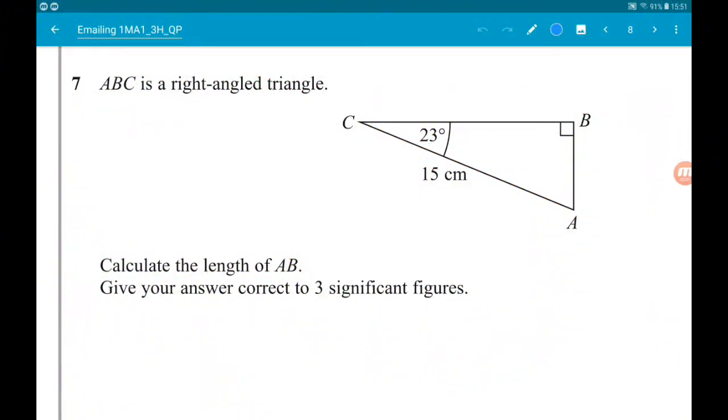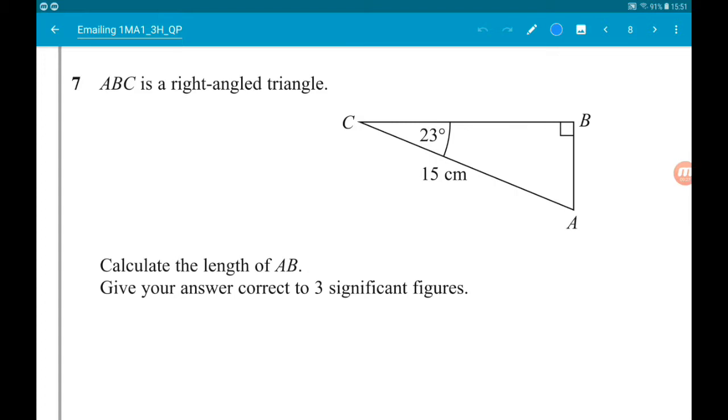Okay, number 7, nice straightforward bit of SOHCAHTOA. So ABC is a right angled triangle, so we know one angle is 23 degrees and the hypotenuse is 15 centimeters. Our mission is to calculate length AB, giving our answer correct to 3 sig figs.